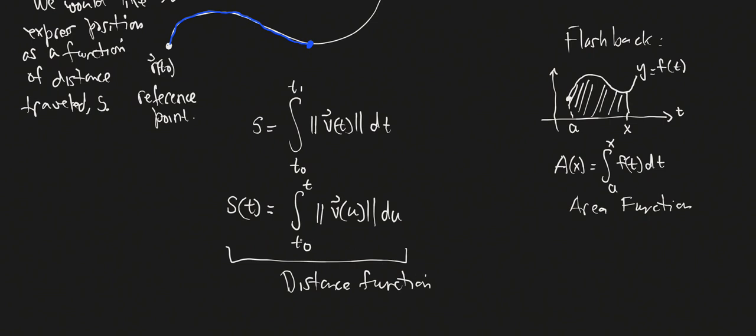Now, why is this important? Because, in fact, I put the (t) there just to really emphasize that, yes, this is a function of t. But basically, I have my distance variable here and my time variable there. So this equation actually gives me a relationship between s and t, right?